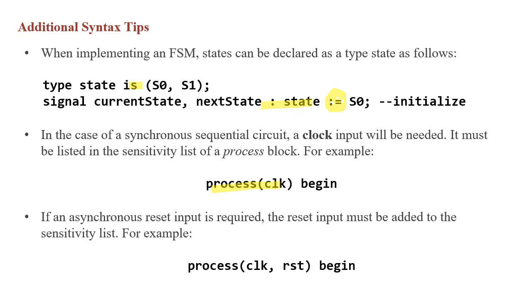So we're going to have to use an if statement within this synchronous sequential block. In case of an asynchronous reset, meaning if you want your design to reset at any moment in time, regardless of the clock, without having to wait on the clock, then you need to mention the reset input, or RST in this example, as part of the process sensitivity list.